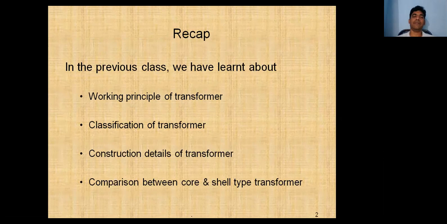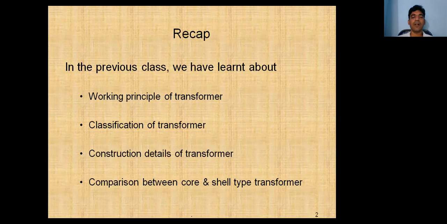Working principle: Faraday's law of electromagnetic induction and mutual induction. Classification based on number of phases: single phase, polyphase; based on physical construction: core type, shell type, berry type; based on cooling: oil, dry.